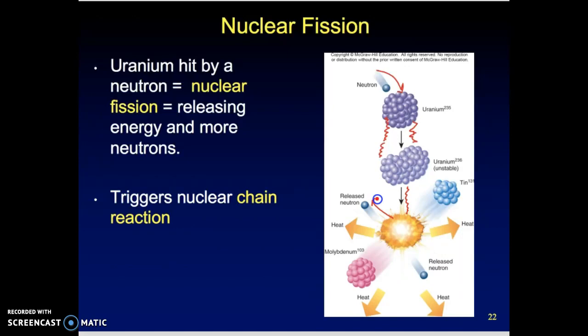Uranium releases neutrons, which then go and hit other uranium. And then uranium gets converted to tin over here. Oh, there's another neutron. Some of the uranium also gets converted into molybdenum. So all these things are coming out of this uranium when you make it unstable.